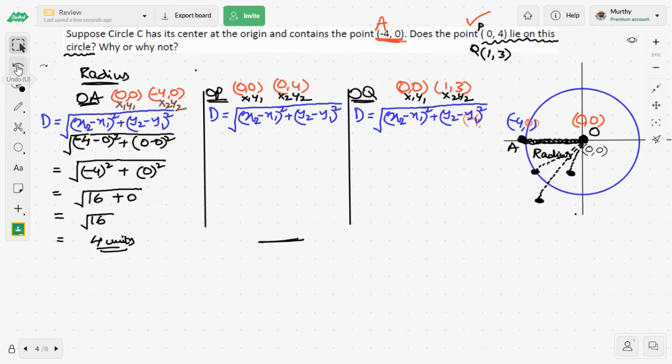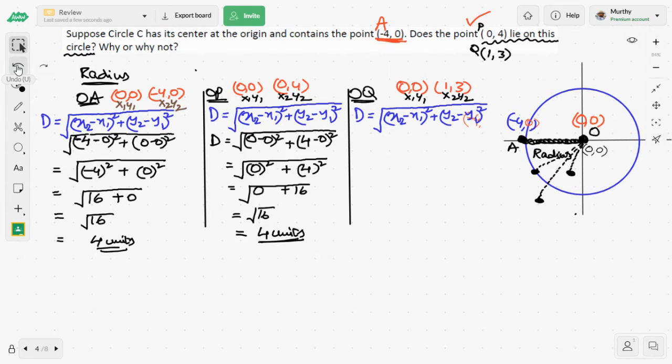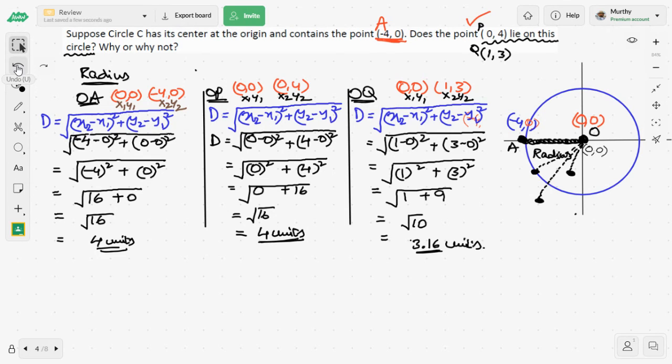When it comes to the length of OP, just plug in the values and here also you'll get 4 units. And coming to the length of OQ, you get that it is the square root of 10, or 3.16.